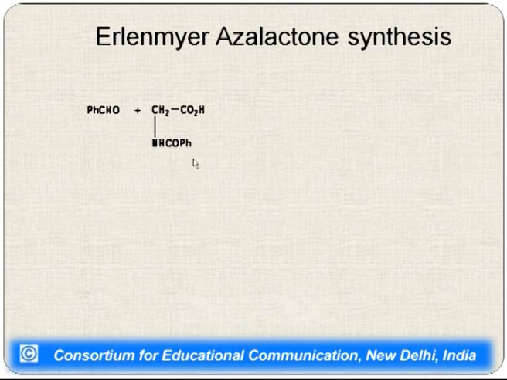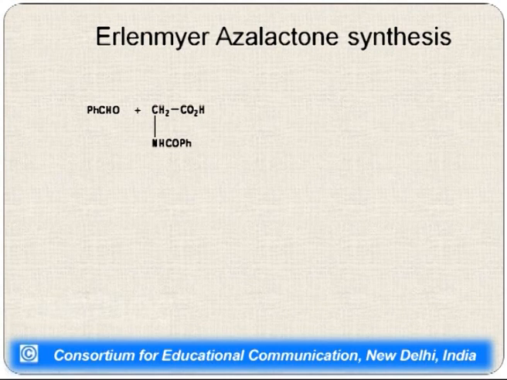What is happening? Benzaldehyde is reacting with this molecule. If I remove the PhCO and make this NH2, putting an H on this nitrogen instead of COPh, I would get NH2CH2COOH.